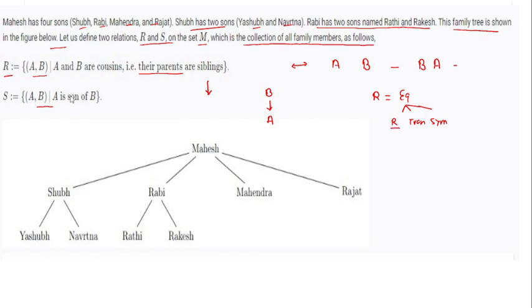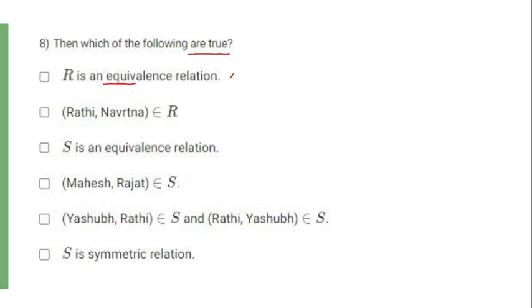For reflexive, let us replace B with A. A and A cannot be cousins because A is a single person itself. So it does not satisfy the reflexivity property of the equivalence relation, so this option is incorrect.